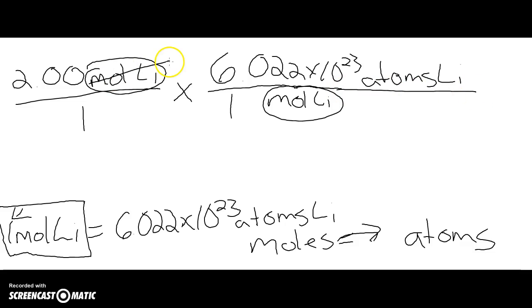And so moles of Li crosses off here and there. And now we have the units left that our question asked for, so we're ready to just do the math. So it's just going to be 2.00 times 6.022 times 10 to the 23. Whatever that gives us, our units are going to be atoms of Li, and we're going to answer with 3 significant figures because we have 1, 2, 3 significant figures in our given.